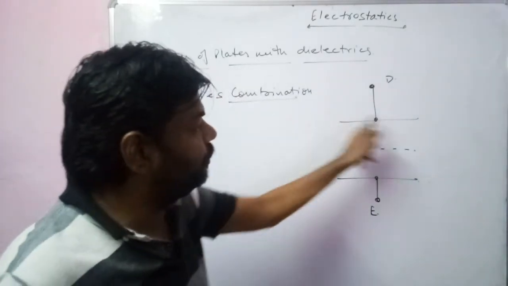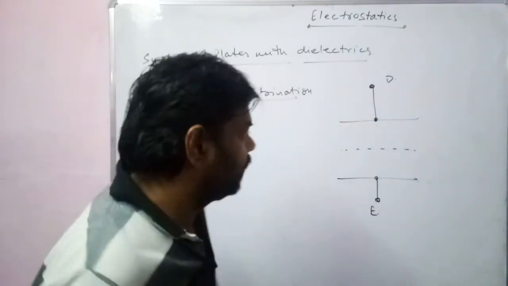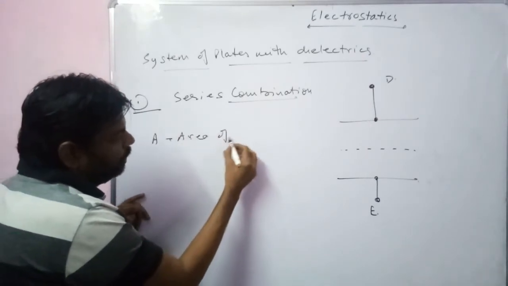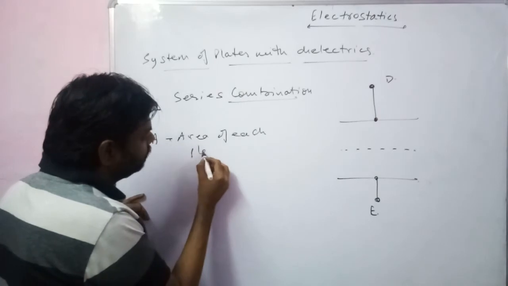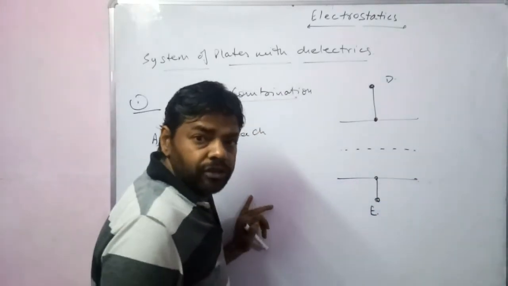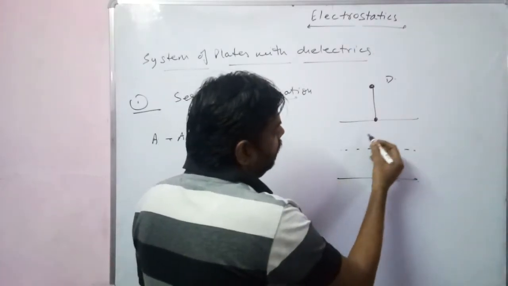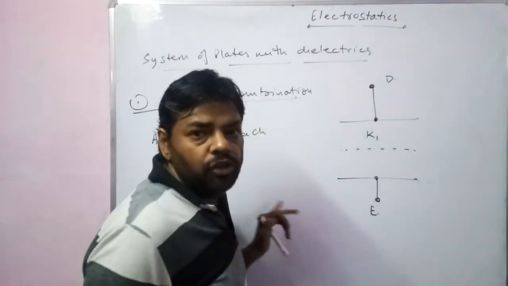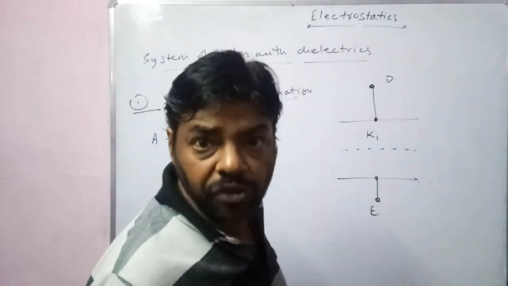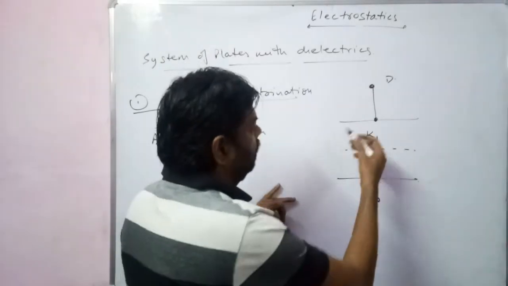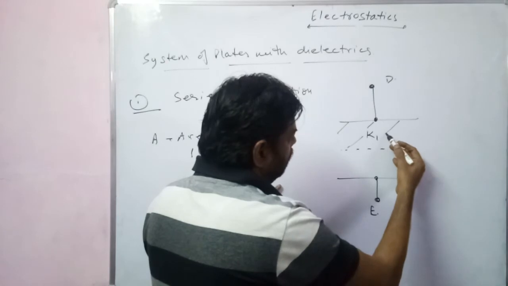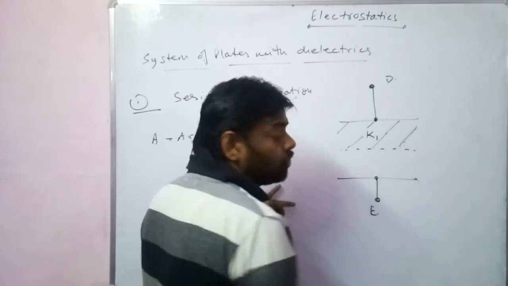Now these are the two identical plates. Capital A is the area of each plate. Clear? And this dotted line is the interface. The space between this dotted line and this upper plate is filled with a dielectric medium whose dielectric constant is K. This way.